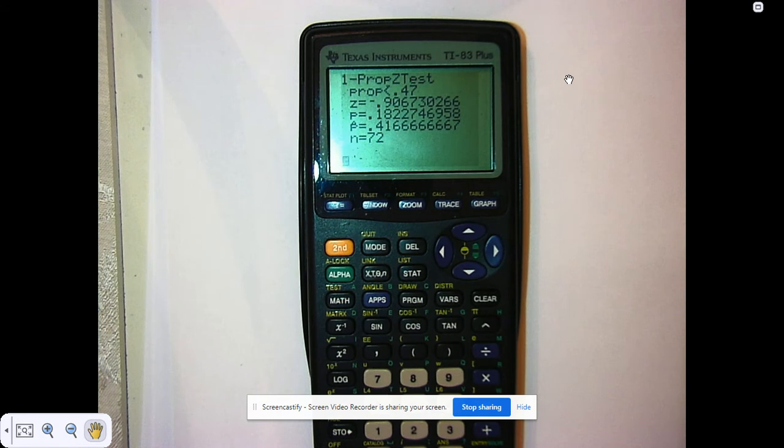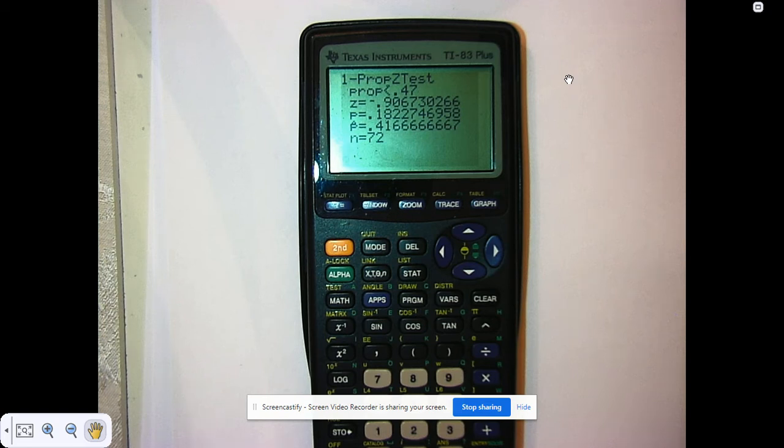Now we get a z-value of negative 0.9067, a p-value of 0.1822. Of course, it gives you the p-hat value of 0.4166, and it tells you that your sample size is 72. Okay, so remember those data values right there.